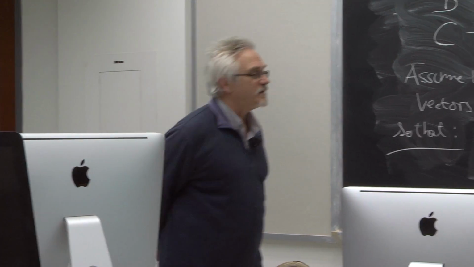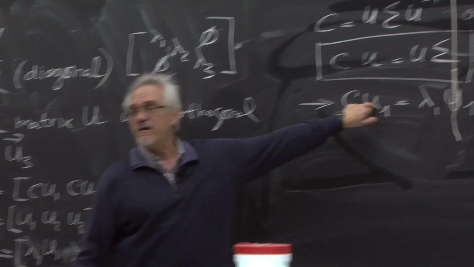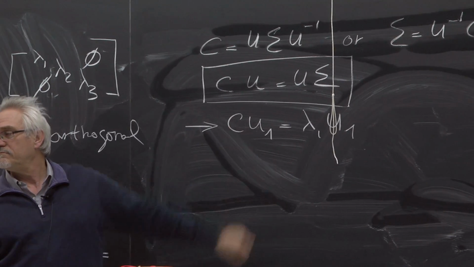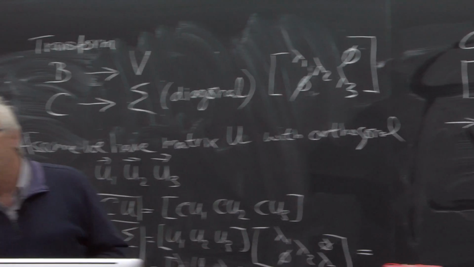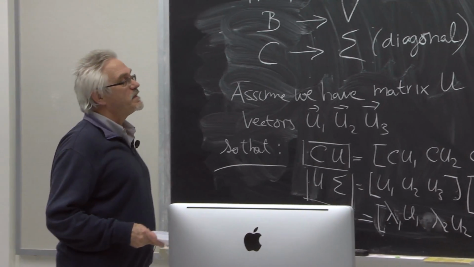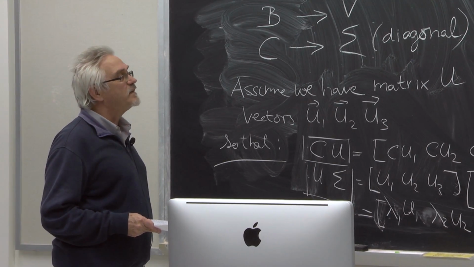Well, this is interesting because this exactly shows that we have here the typical equation for the eigenvector and eigenvalue. So that's kind of what I mentioned earlier. That is something that actually is the basis for this whole PCA analysis.